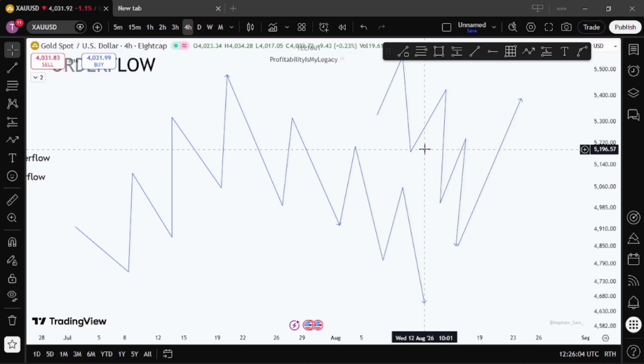So when you see price making lower highs and lower lows, that is simply a bearish order flow. That is how you identify a bearish order flow. Now, back to what we also talked about. You also need to be able to identify when there is a break of structure or a market structure shift.